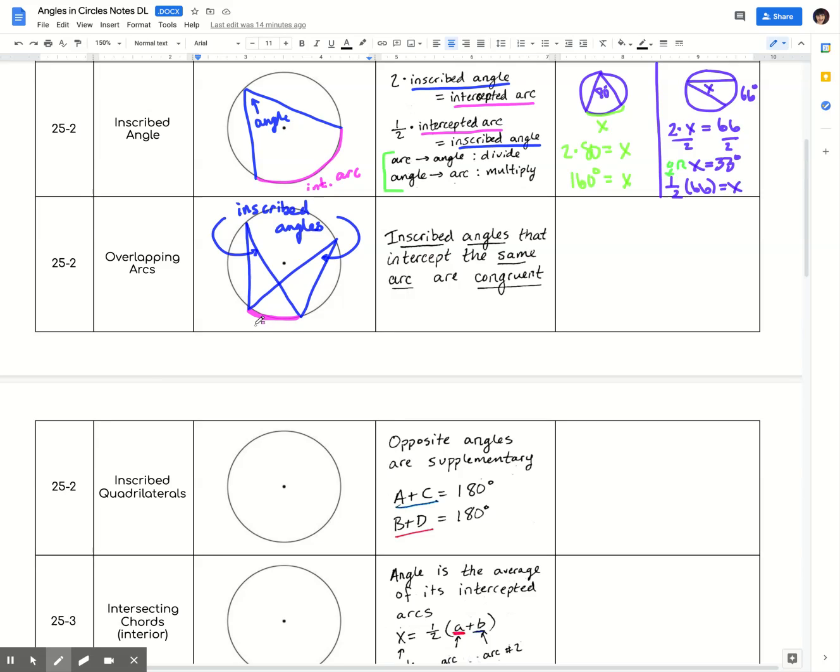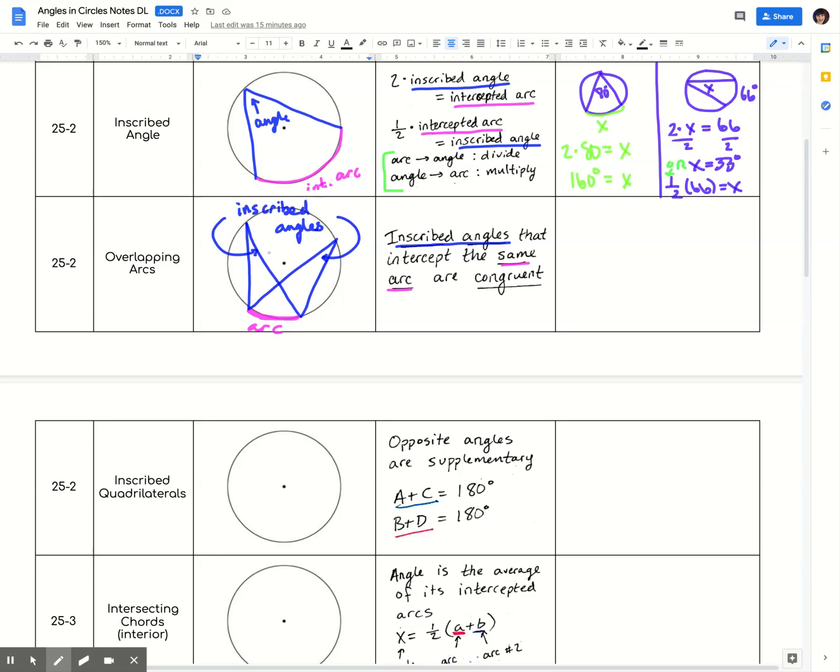So the rule here, because this is my arc, is that angles that intercept the same arc have to be congruent. I'm hoping intuitively that kind of makes sense. If you have 2 spotlights that are shining on the same spot, then they would have to be equal to each other.